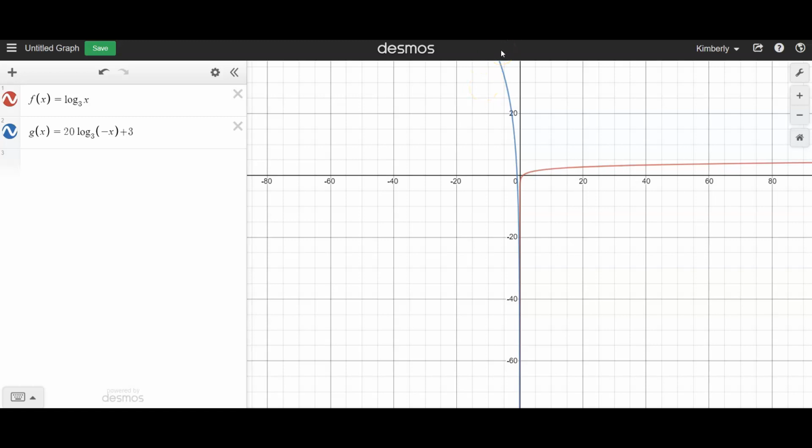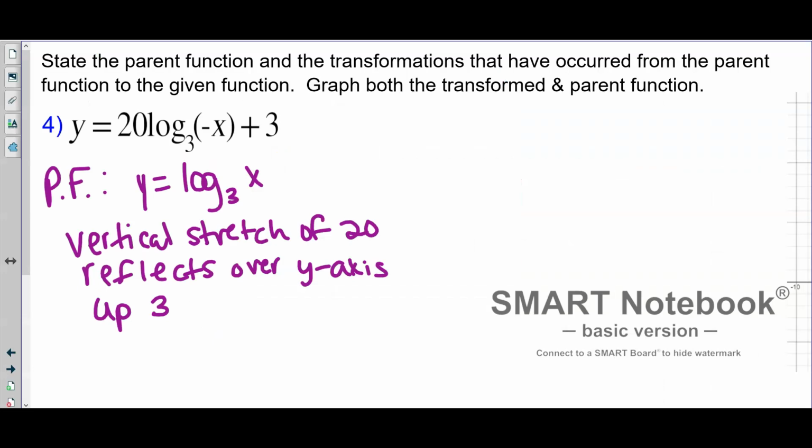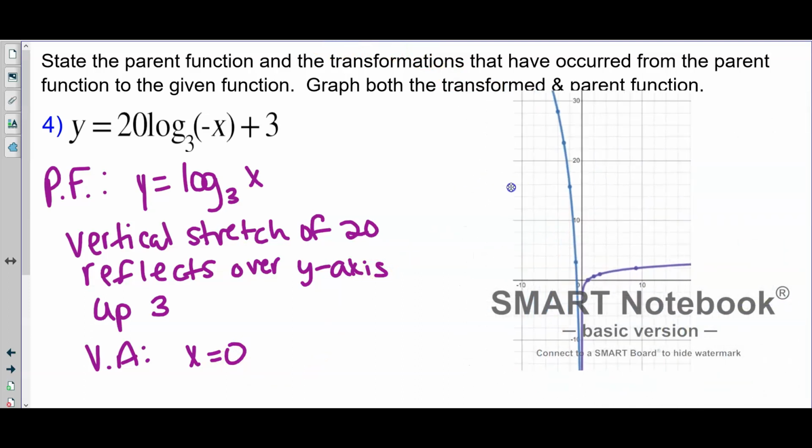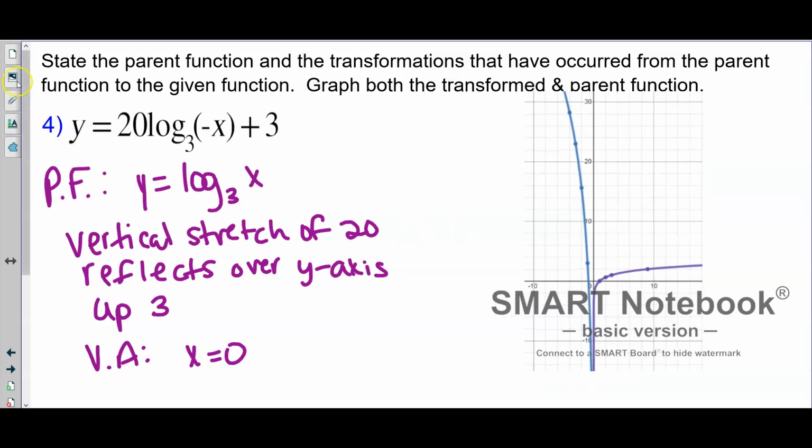So it's a big stretch. Okay, so when you looked at the vertical asymptote, because it didn't shift left or right, the vertical asymptote was x equals 0. It was just on the other side of the x-axis. And then we included our function and the parent function.